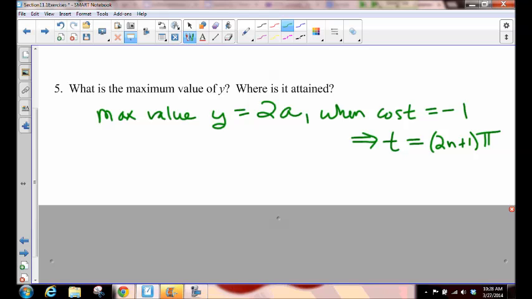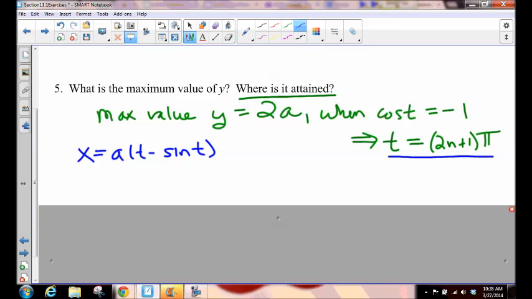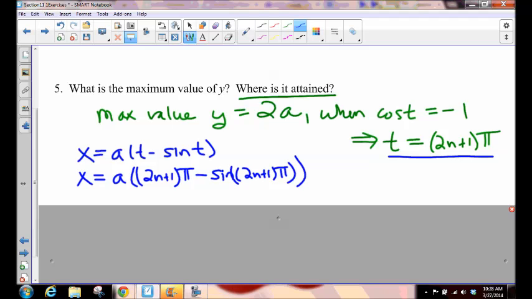And of course, if we're asked where it is attained, we are looking for the x values. So remember that x is equal to a times (t minus sine t), and now we're just going to substitute in this value of t. So x is going to be a times ((2n plus 1) times pi minus the sine of (2n plus 1) times pi).